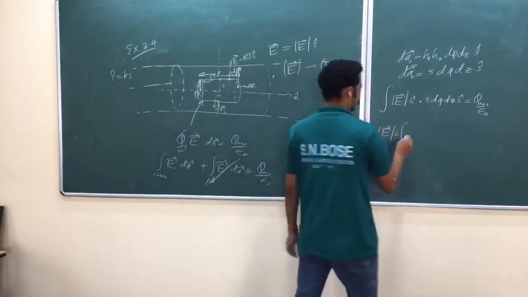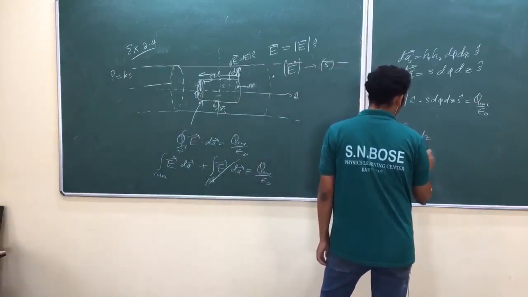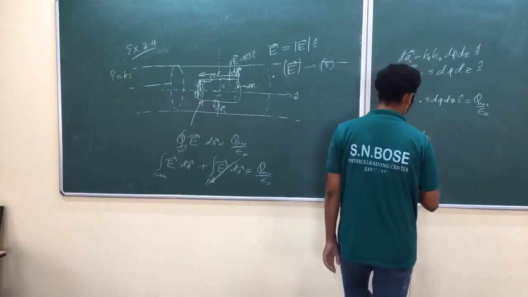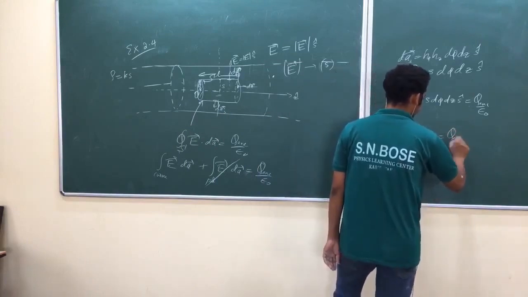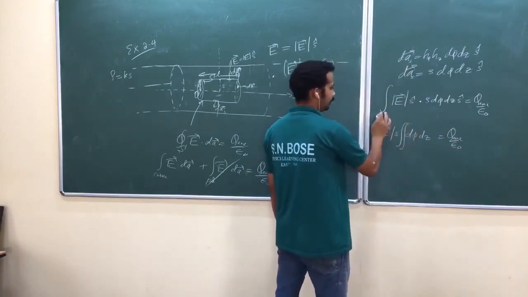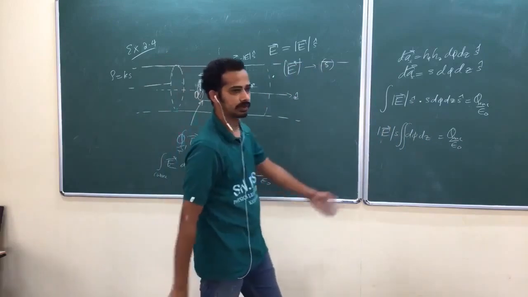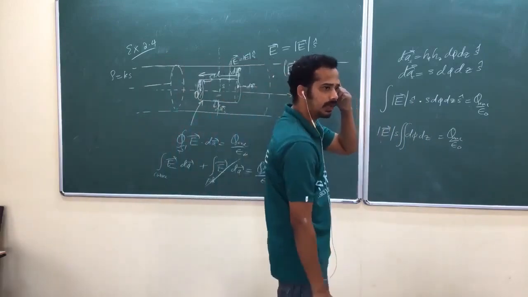So write it yourself, don't look at the board: integral of E S d phi dz. Again, it's a double integral. We prefer writing only one integral symbol, and whenever you need it, you take the double integral.